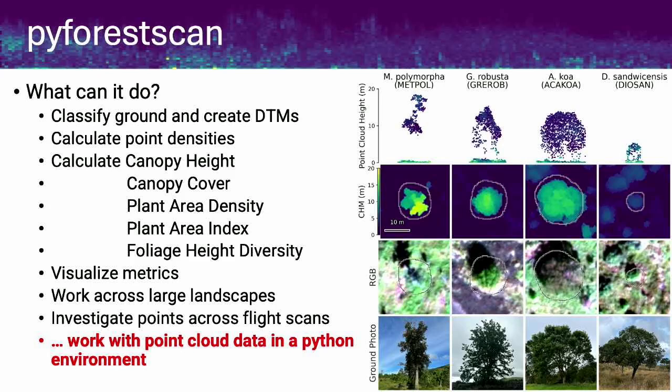But the question I have is, what level of classification do you need from the LiDAR data to be able to do all this? Do you need vegetation classification, or can you do it from non-classified points? At this point, you do need ground classified points. There are some functions to help classify ground.